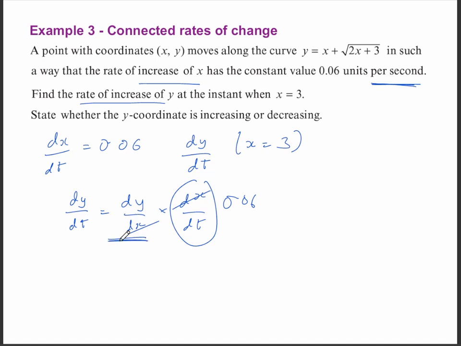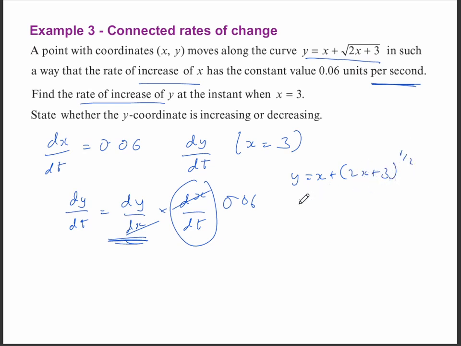We will need our dy over dx, which is just the derivative of y with respect to x, which you get from this right here. So this equation can be written as y equals x plus (2x plus 3) power half.